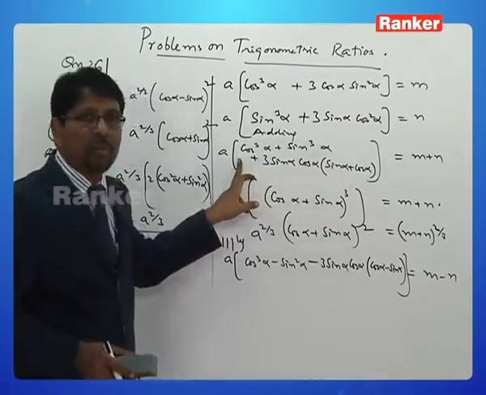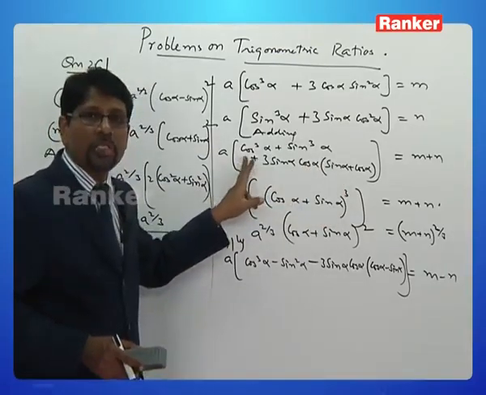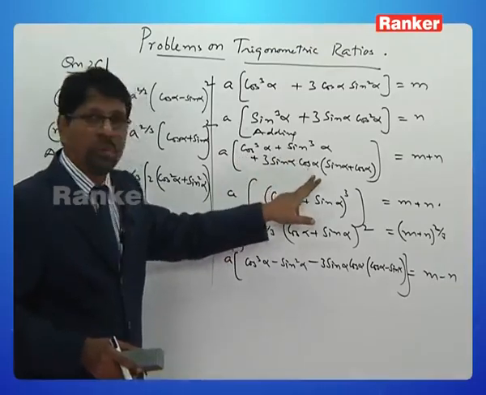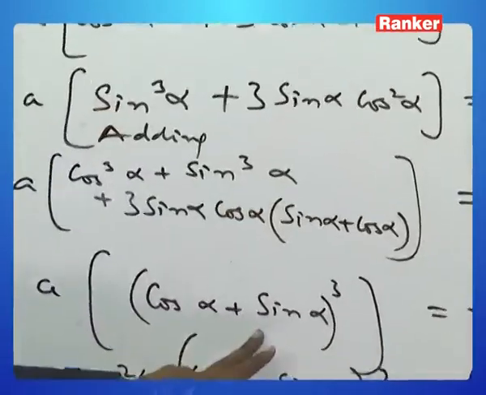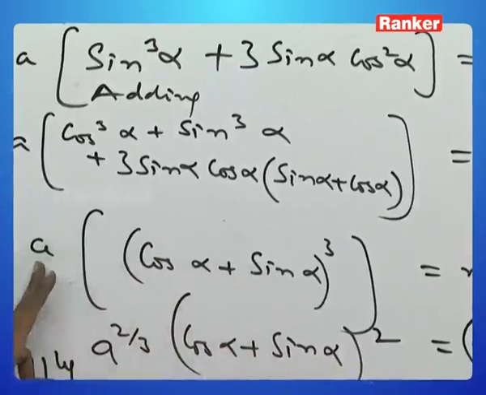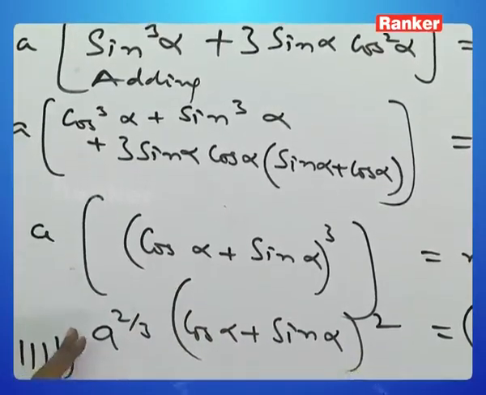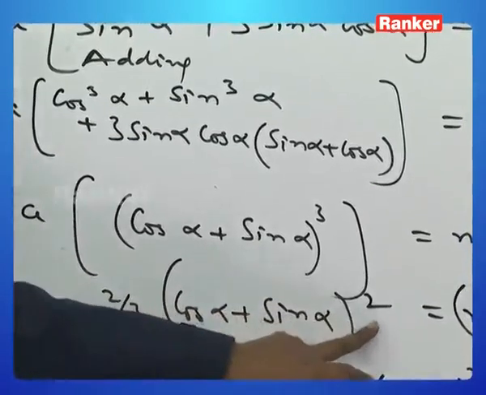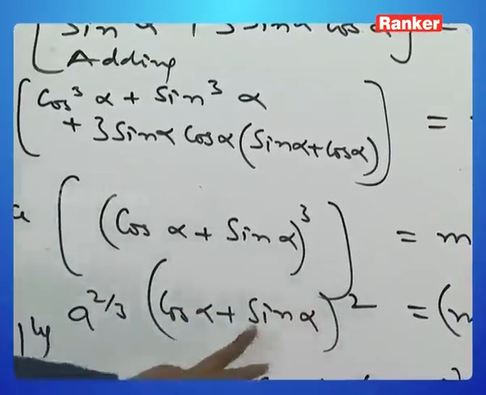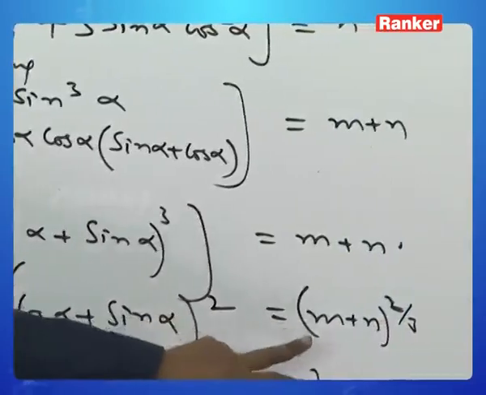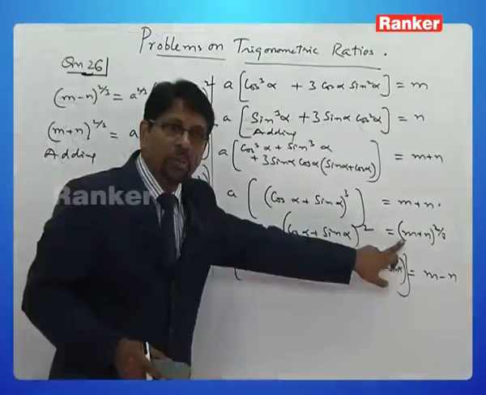Now this is in the form of x plus y whole cube: x cube plus y cube plus 3xy into x plus y. So that came out to be this. Now when I take the cube root, I'm not taking the cube root straight, I'm raising it to the power 2 by 3. So you will get a square here as well. So cos alpha plus sin alpha the whole square is equal to m plus n raised to the power 2 by 3.